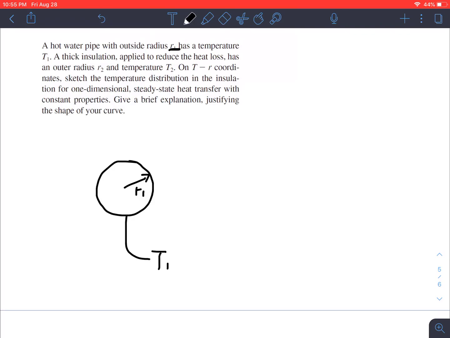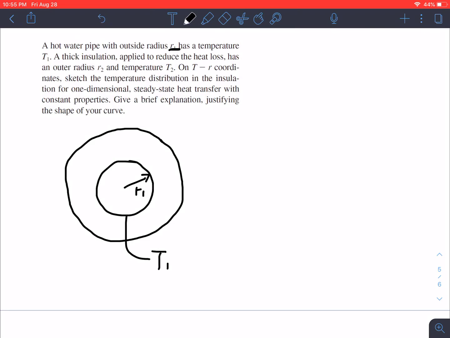And then later it describes it has a thick insulation wrap around it. So everything we are interested in is outside this R1. Whatever is inside this R1, the hot water, we don't really care about in this problem.